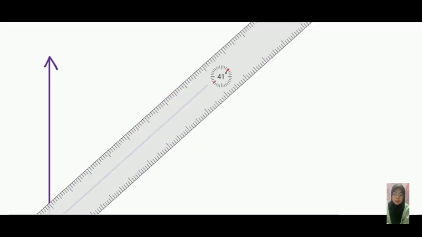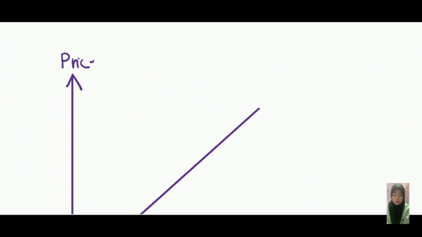So, I will show you how to make a graph.